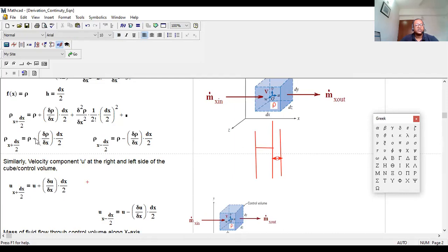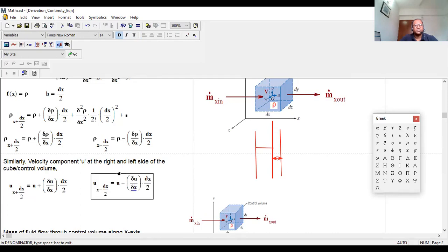Here, instead of rho, you just put u, because you are looking at how u is changing. Okay, then this one is u at the left side. The distance is dx by 2, but it is minus. That's why you put minus over here.